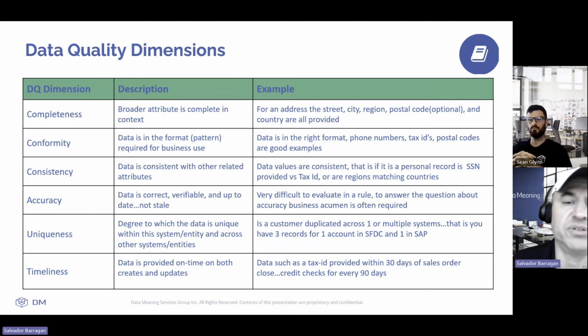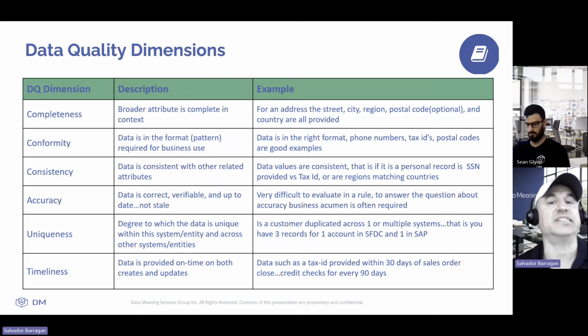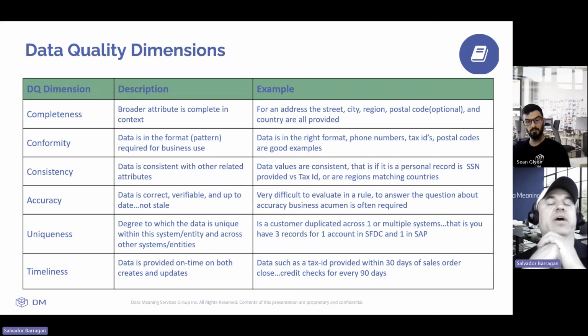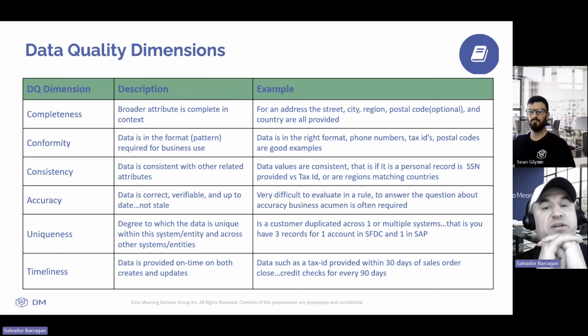For example, you've got your classical address, street, country, et cetera. Is all that information there? If you have columns of data, one with an address, with a city, region, postal code, is each one of those fields complete, or is it a partial postal code, or is a city field missing, etc.?